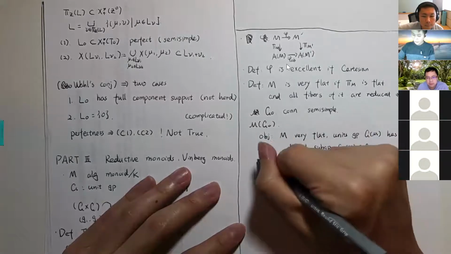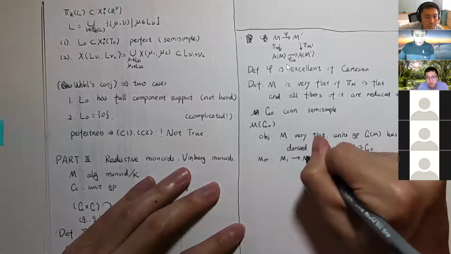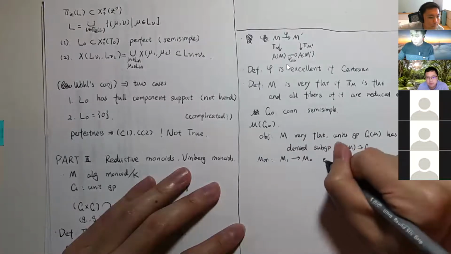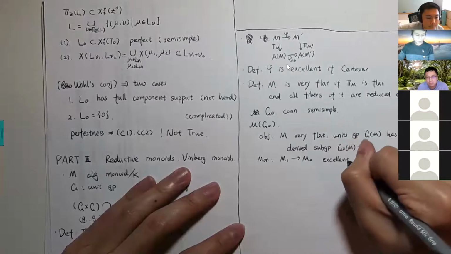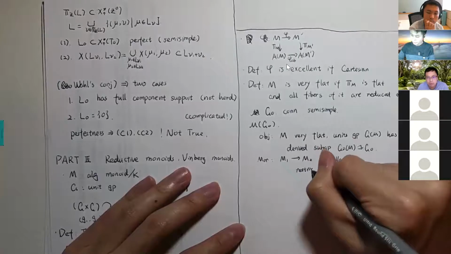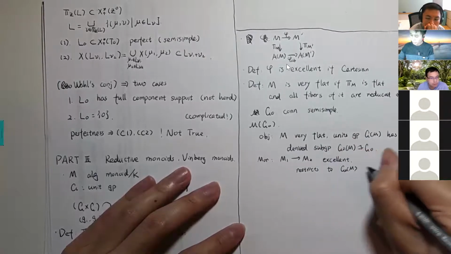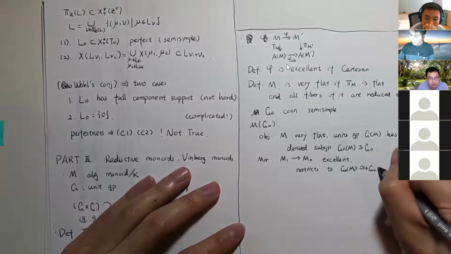And the morphisms are those excellent morphisms from M1 to M2, and it restricts to an isomorphism from G0M1 to G0M2.